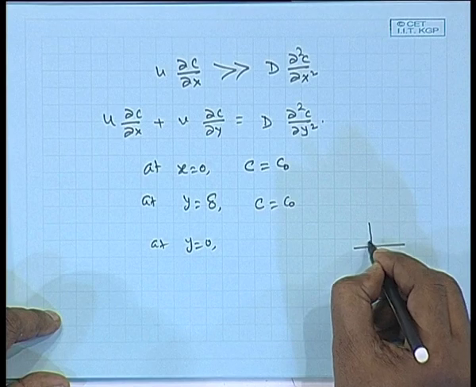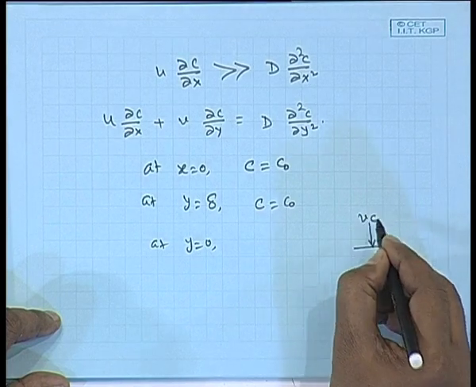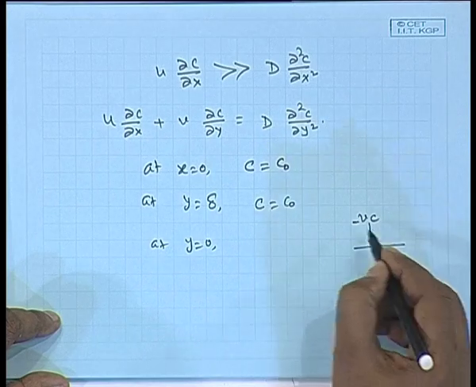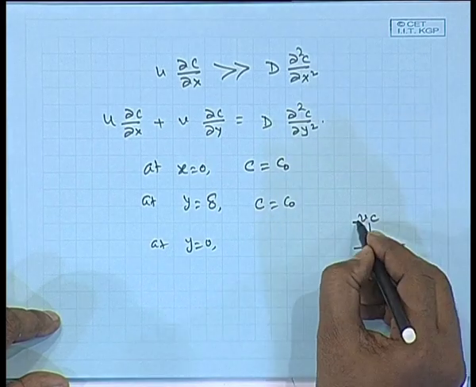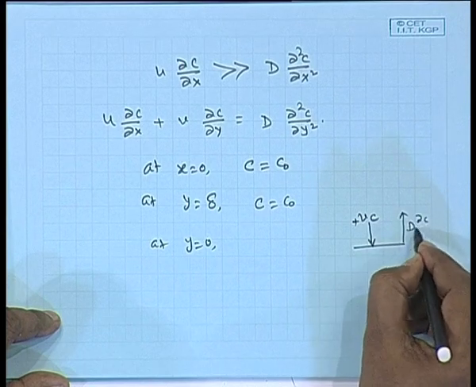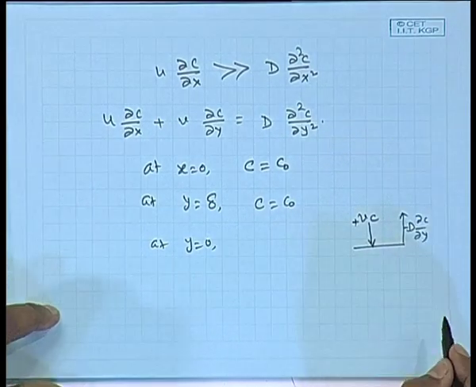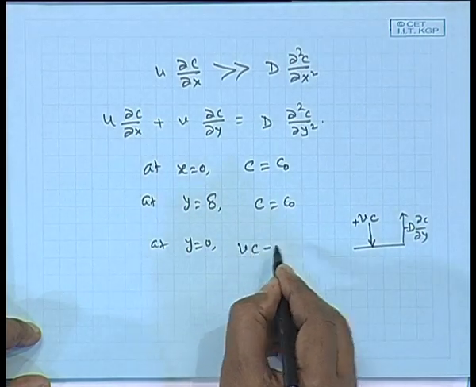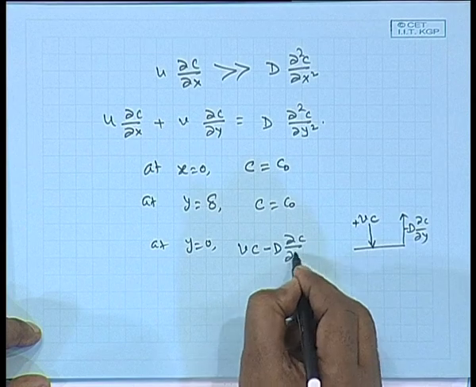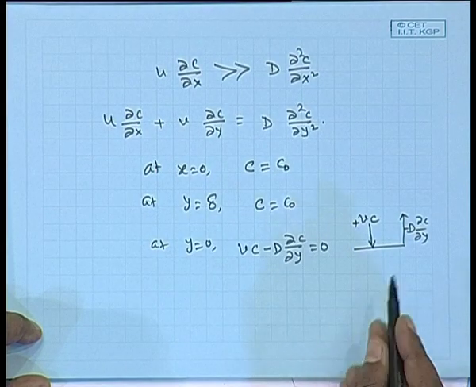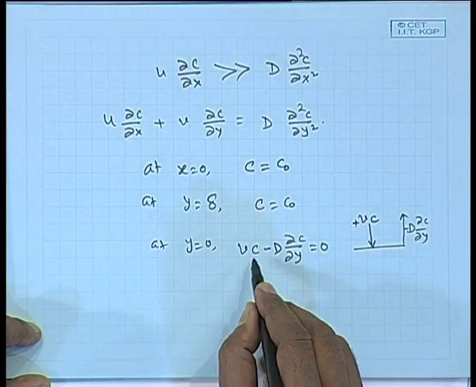So, there will be a flux V times C, or you can put V equal to minus V W later on, and you will be having a flux D del C del y in the opposite direction, minus. So, it will be basically V C minus D del C del y equal to 0. Now, can you identify this boundary condition?